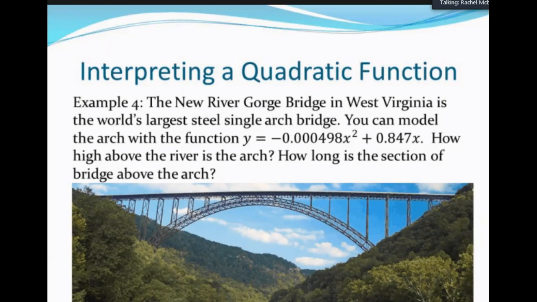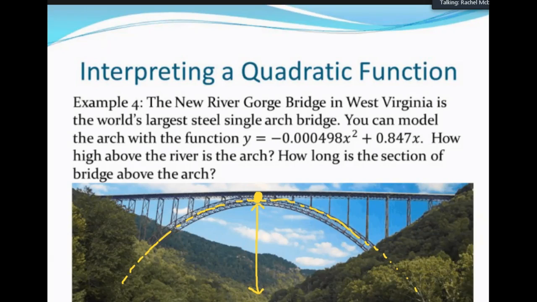So, if you look at the diagram, the height above the water is going to occur at the highest arch of the bridge, which is right here. This bridge essentially mimics a quadratic function. So here's your quadratic function.